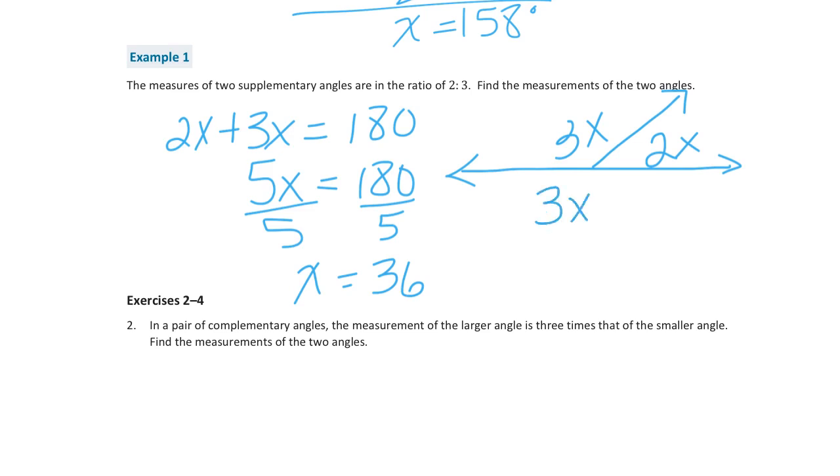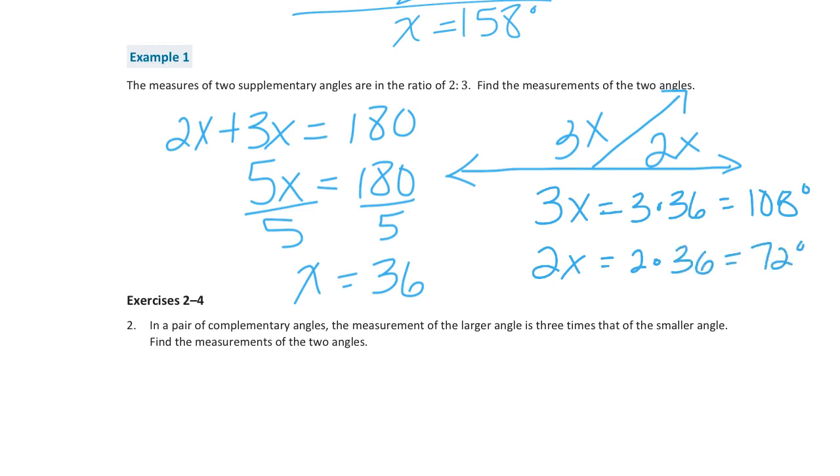So 3x equals 3 times 36, and that equals 108 degrees. And 2x equals 2 times 36, which is 72 degrees. 108 plus 72, if I add those up to check, I get 180.